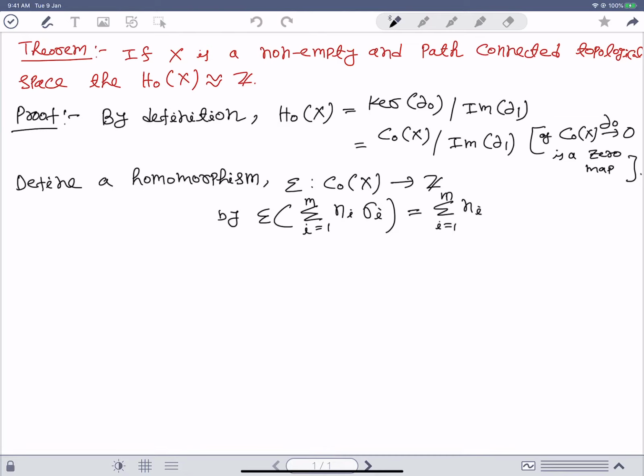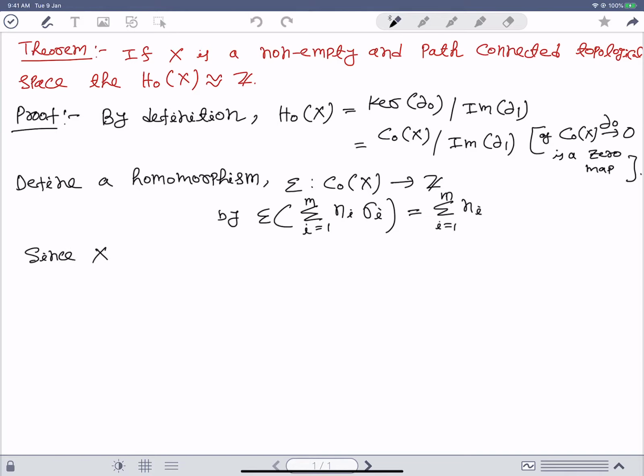Now first we prove that this homomorphism is also a surjective one. This is also trivial to see, but we shall prove this one. The proof is very trivial, and we will use that X is non-empty.